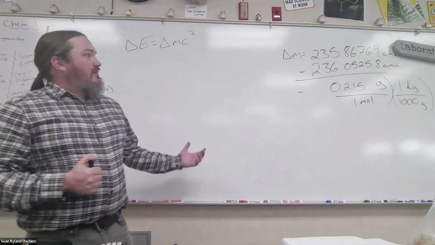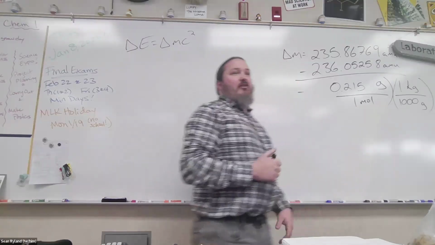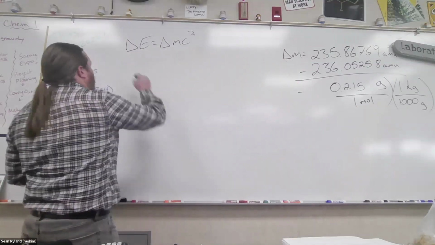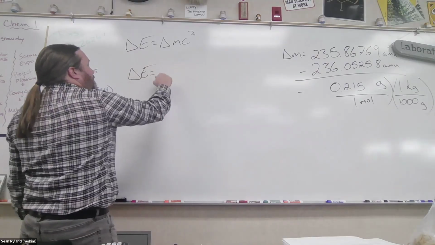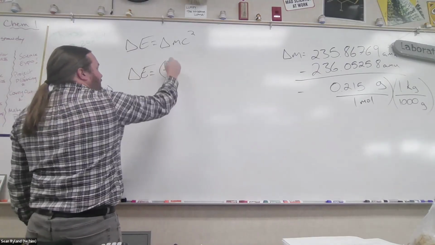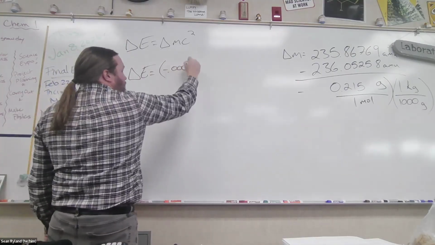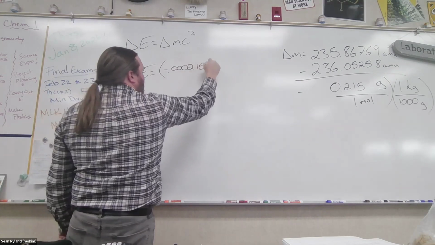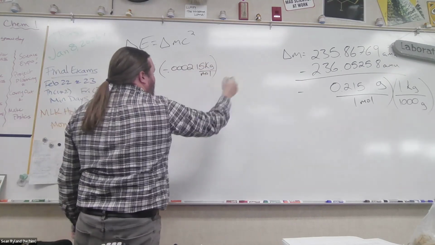We're always thinking about it in terms of moles. So we might as well do it in kilograms per mole. So plug in our negative point. Now it's 0.000215 kilograms per mole. Or even better, put it in scientific notation.